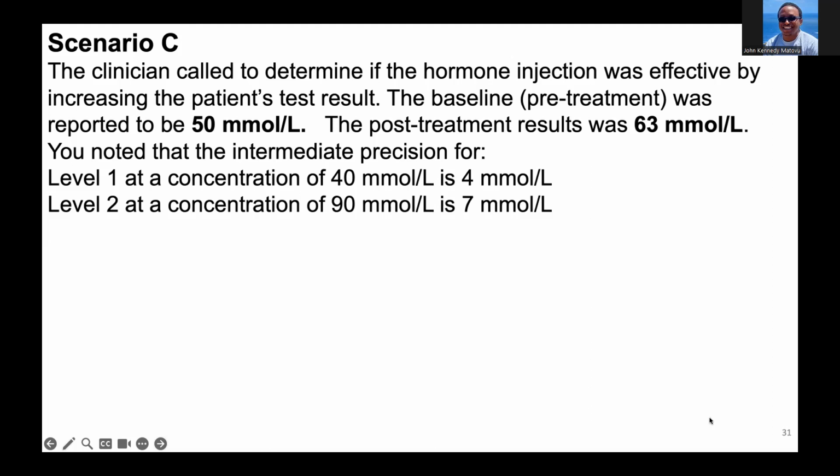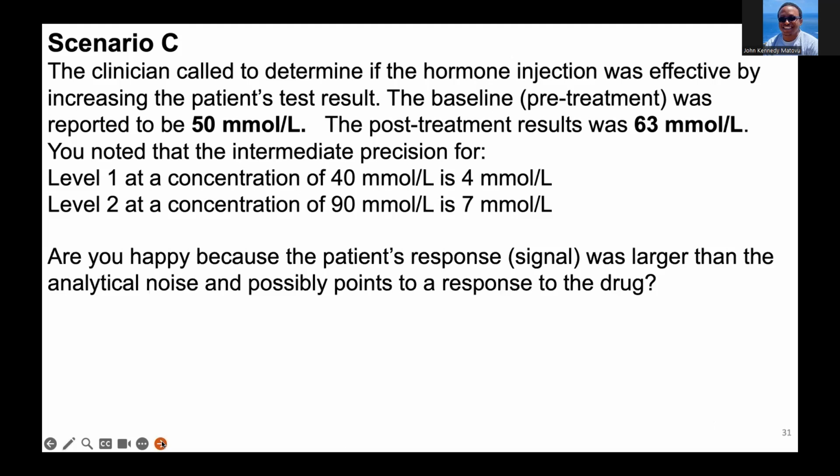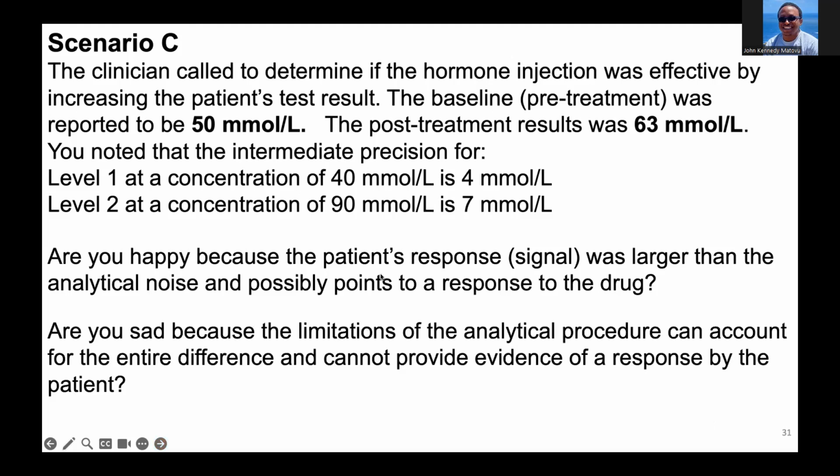You noted the intermediate precision at level 1, 40 millimoles per liter, is 4 millimoles. So the imprecision is 4, and at level 2 of 90 millimoles per liter, the imprecision is 7 millimoles per liter. Are you happy because the patient's response signal was larger than the analytical noise, or are you sad because the limitations of the analytical procedure can account for this difference?